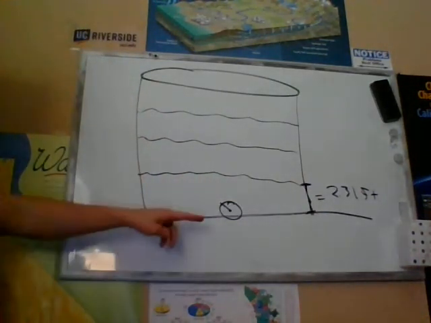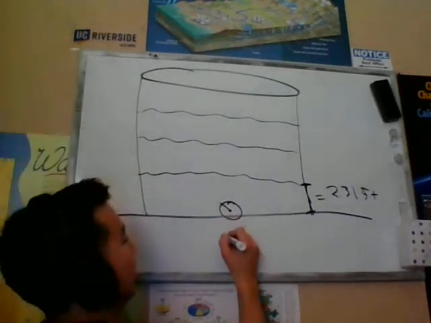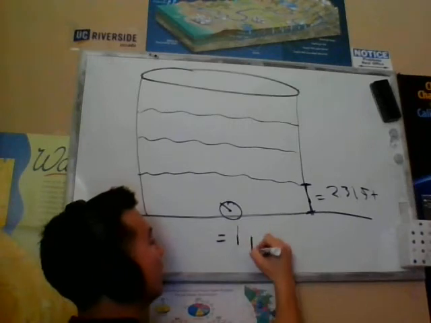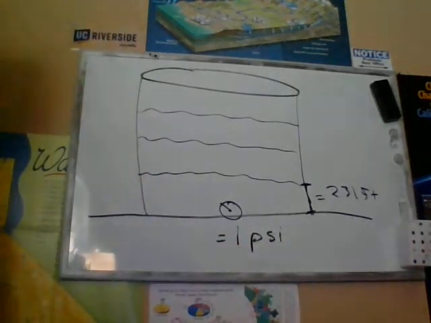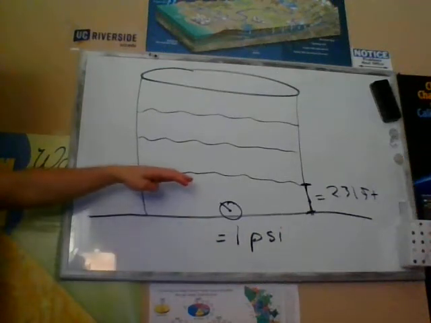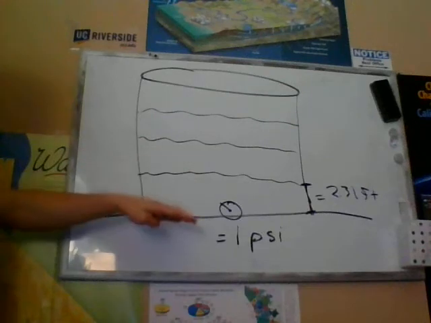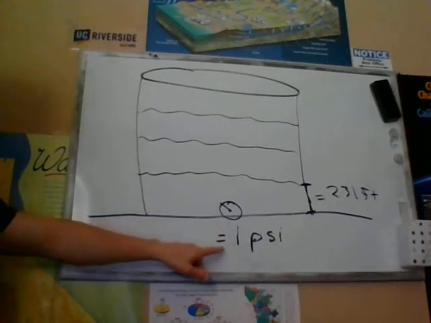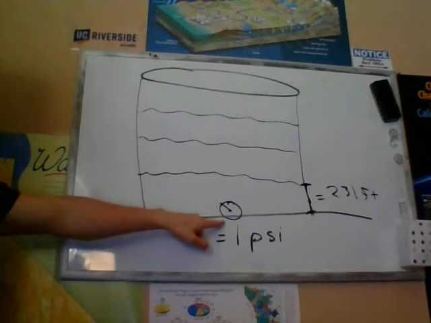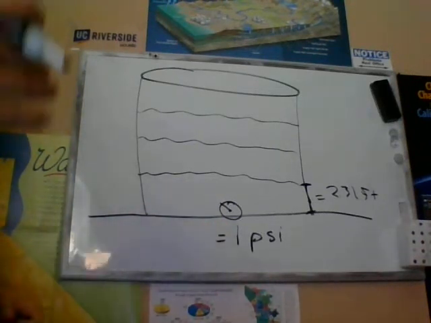Now, for every 2.31 feet of head, my pressure gauge is going to read 1 psi, or 1 pound per square inch. So for every 2.31 feet of water above some point, in other words, 2.31 feet of head, that's going to give me 1 psi at the bottom here. Now we have to scale this up.